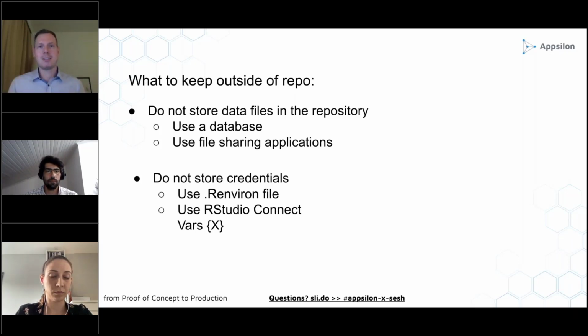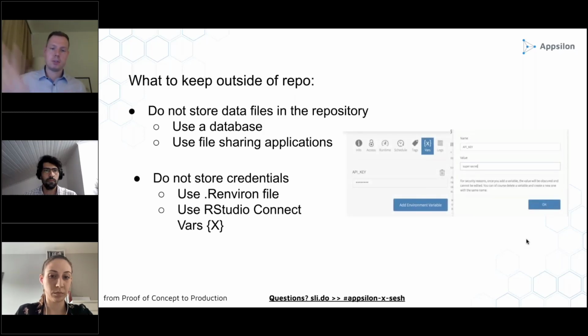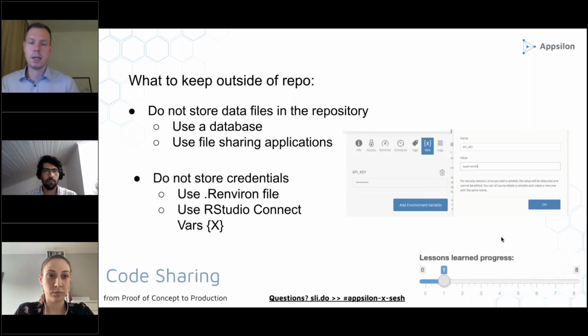Keeping some dummy password for a proof of concept might be fine, but on production, use either environment files, or if you are using RStudio Connect, there is this great option of environment variables to be put there for the application. Okay, so our first lesson learned is sharing code. This is the starting point for being able to deliver something more.